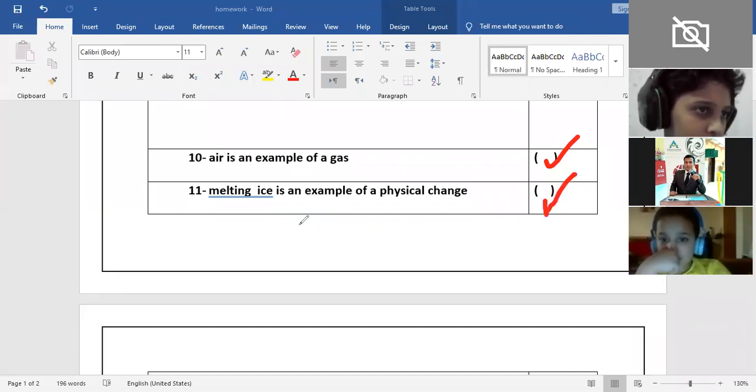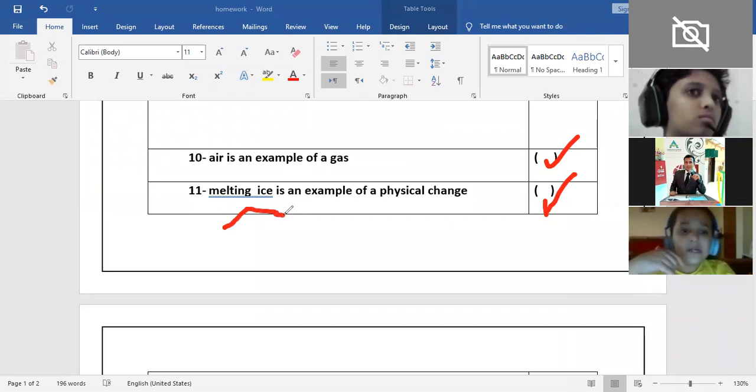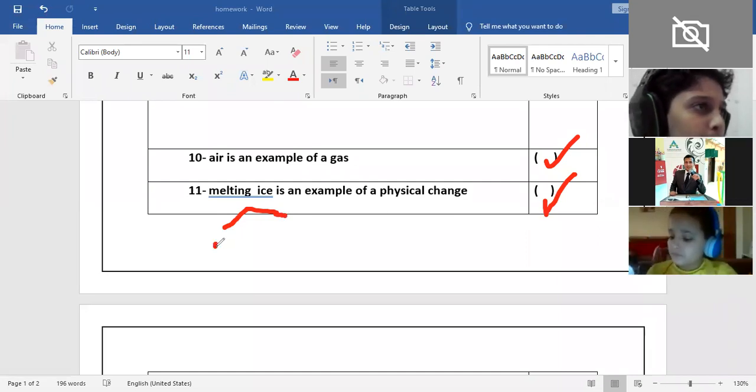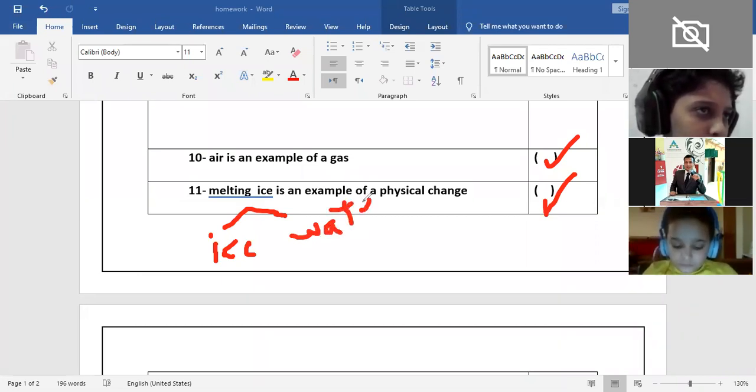Is it true? Okay, Muhammad Abdul Aziz, I will ask you. Melting ice, it will change from which state to which state? From ice to water. What is the state of ice? Solid.